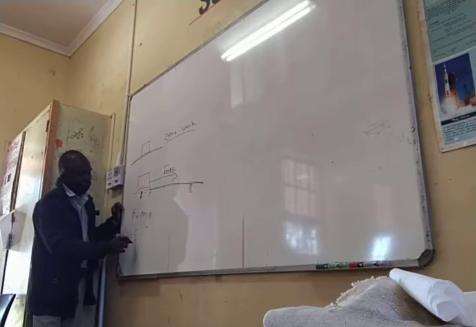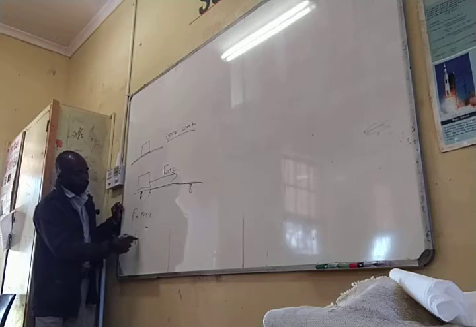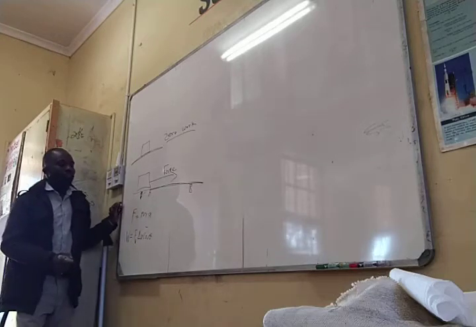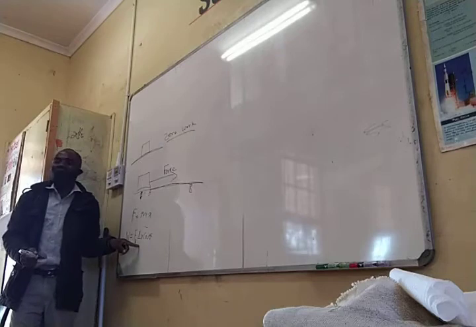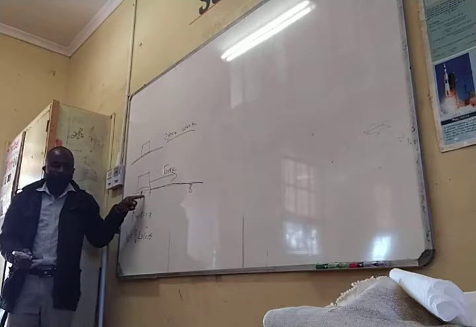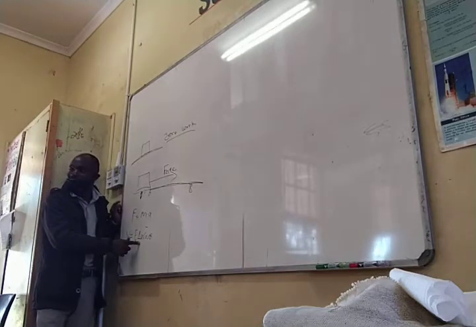F, not F net. It's equal to F delta x cos theta. But in the case whereby you are not having an angle, the work is going to be F delta x.